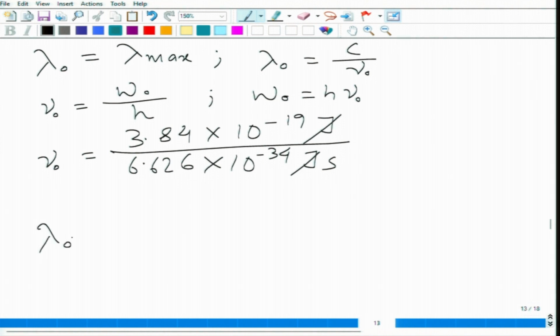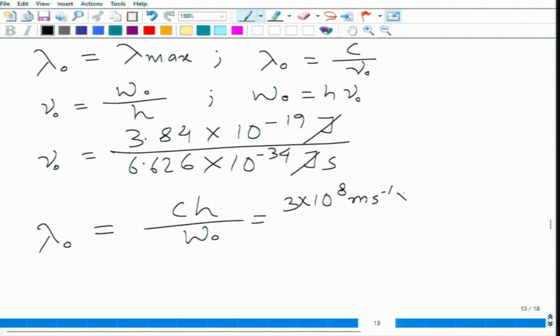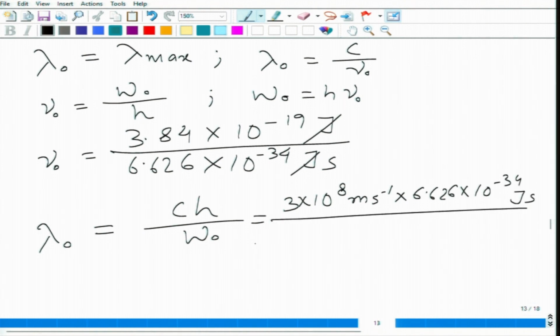So what will be the value of lambda naught? Lambda naught is equal to CH by work function, right? So this will come as 3 into 10 to the power 8 meter per second into 6.626 into 10 to the power minus 34 joule second by 3.84 into 10 to the power minus 19 joules.